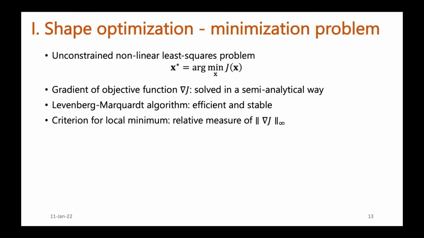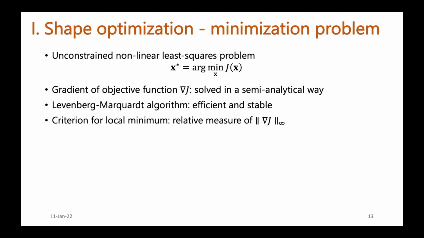Finally, we can summarize the minimization problem. Because we want the searching space to be maximized, we carry out an unconstrained optimization, and the nonlinear least squares problem can be solved with a gradient-based algorithm.